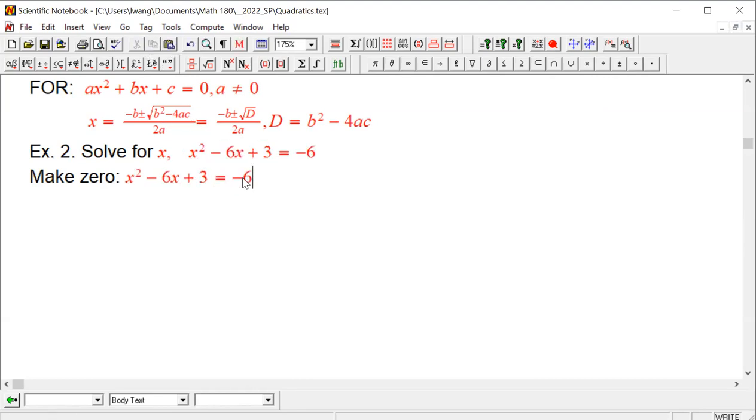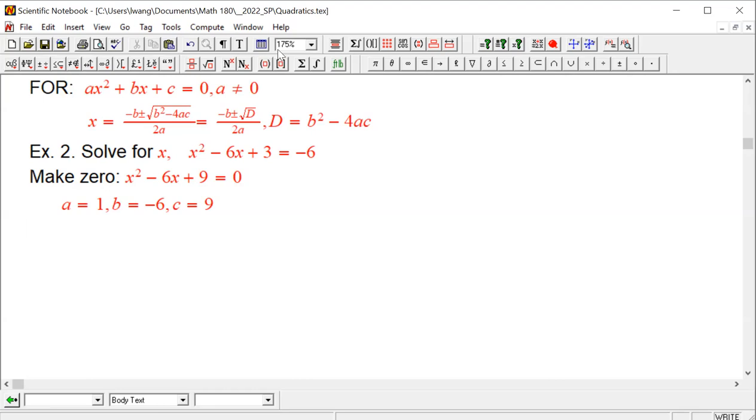So we're going to have x squared minus 6x plus 9 equals 0. And we identify A, B, C. A is 1, B is -6, C equals 9.